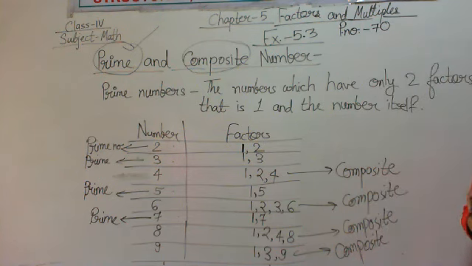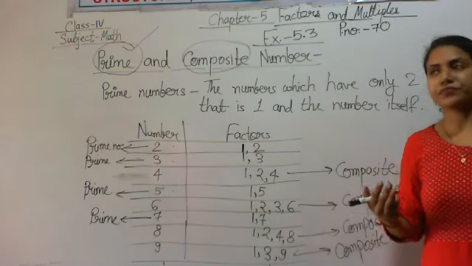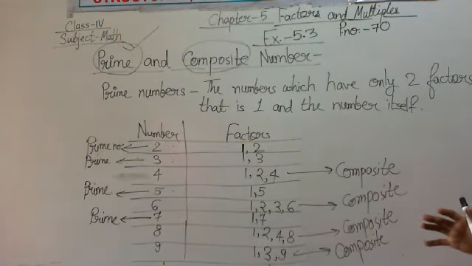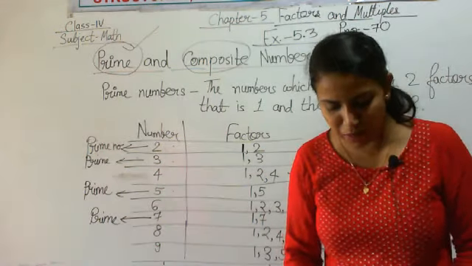So those numbers having only 2 factors are prime numbers, and if any number has more than 2 factors, then we call them composite numbers. I hope you understand the definition for both prime and composite numbers.